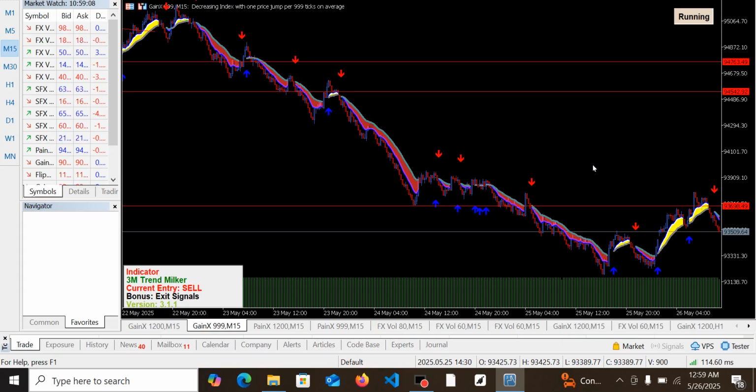Yesterday night I put out a trading signal in the Telegram channel, and this actually gave us lots of profit at the end of the day. Right now we have this trend going on GainX 999. You can see how it started a downtrend right from this resistance zone.